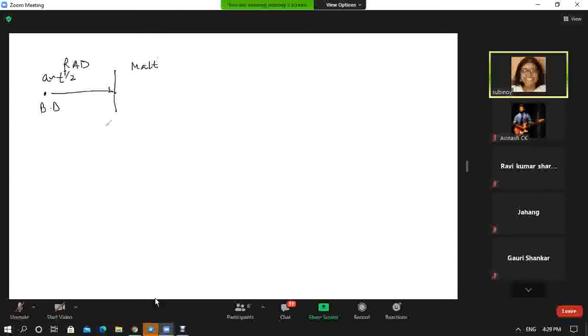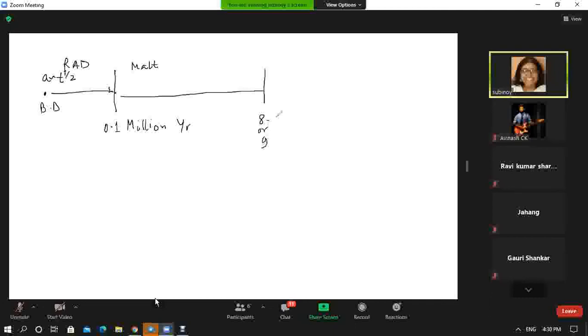Then matter took over around, say, 0.1 million years. Then from there, this is around 8 or 9 billion years.